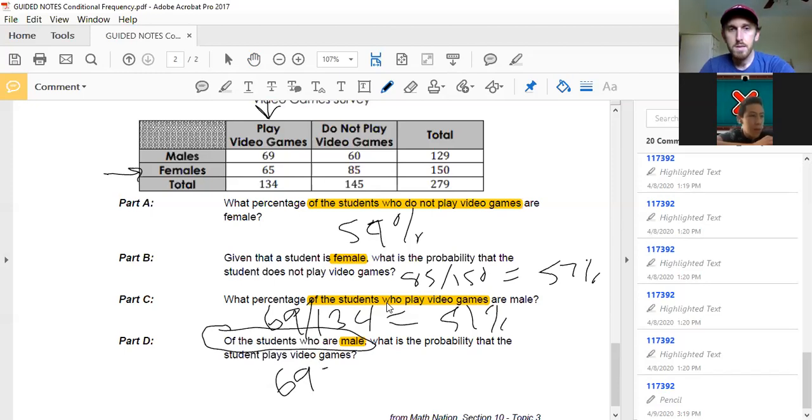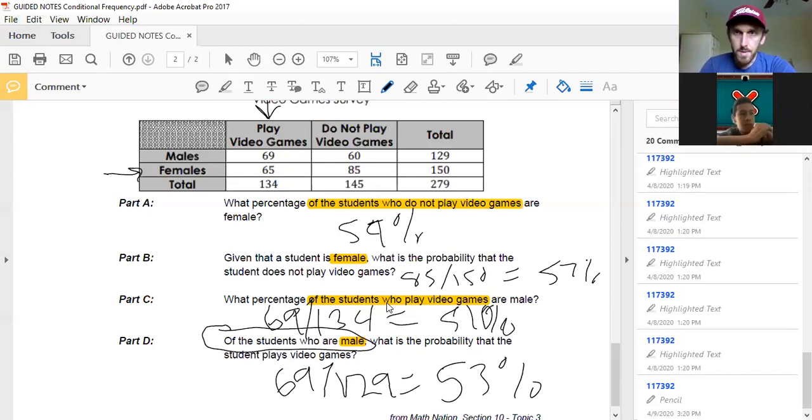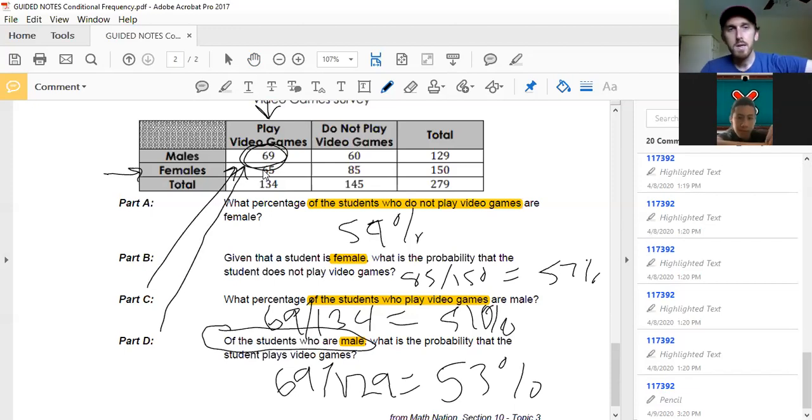You divide 69 by 129. And what's that percentage? That is 53%. So interesting. This gets into some debatable numbers, because if you look at part C and part D, they both relate to this one little cell here. We're both looking at this 69 number, but we're comparing it to a different total.